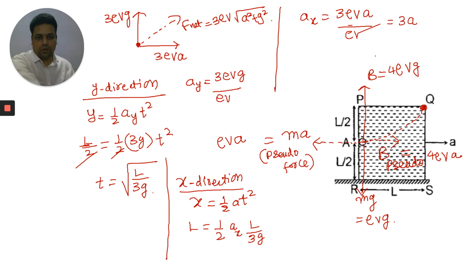Let me put it in the place of a_x. L is equal to half into 3A into L by 3g.